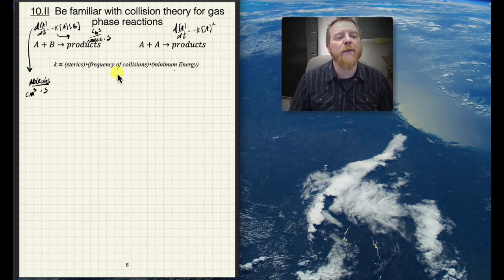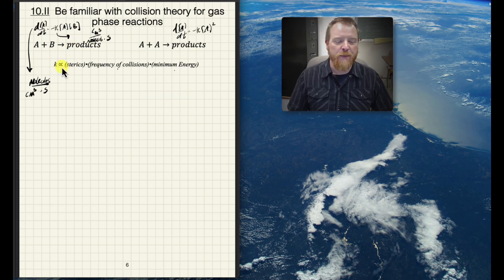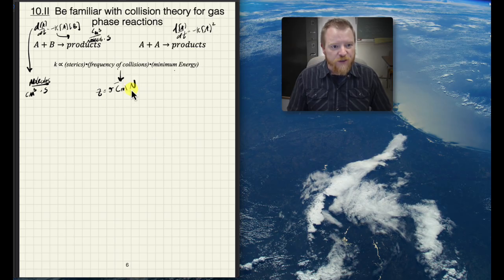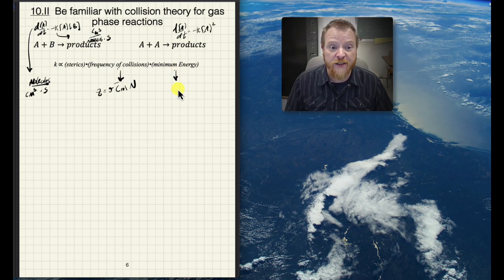So now, if we think about how to build this up fundamentally, a rate constant should be proportional to the following things. So the frequency of collisions, as we just described, so Z equals sigma times c-bar relative times our number density N, recall, we made that equivalent to P over k_B T. There's also going to be some minimum energy requirement given by the Boltzmann distribution.